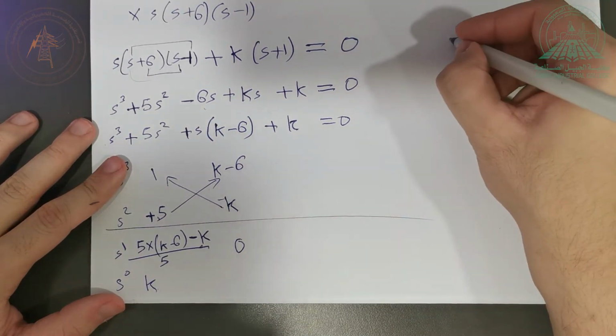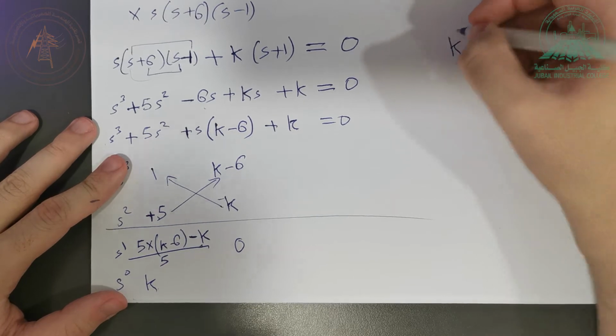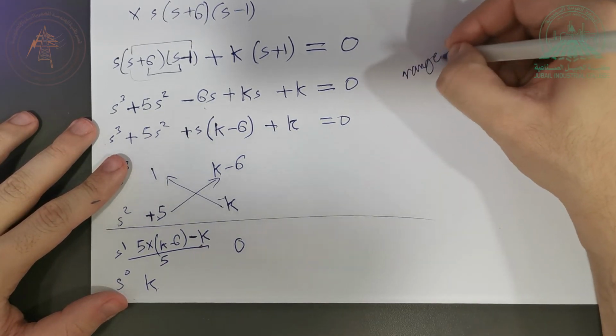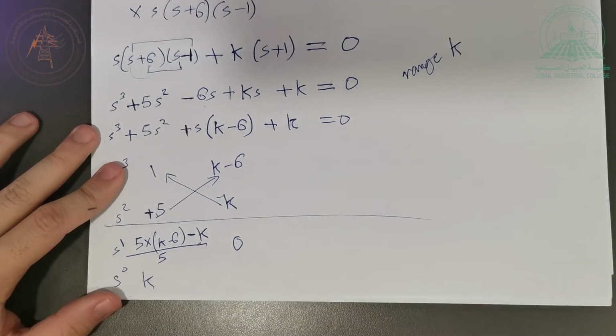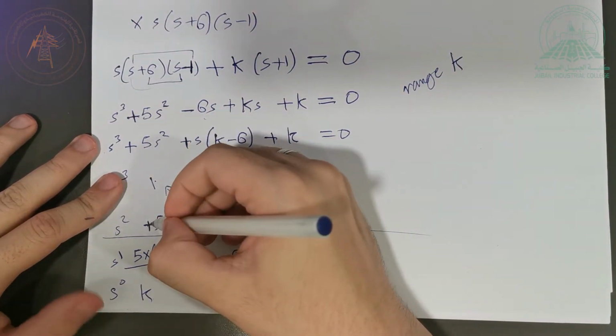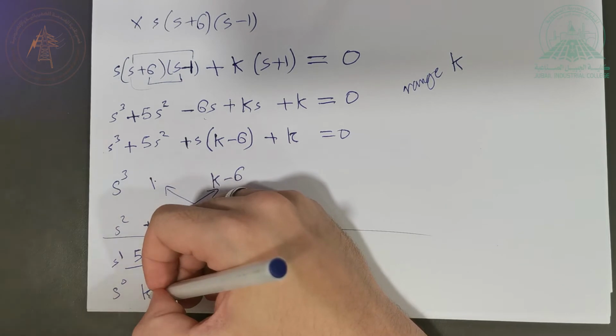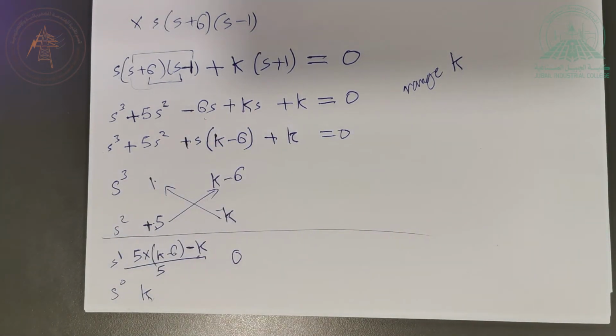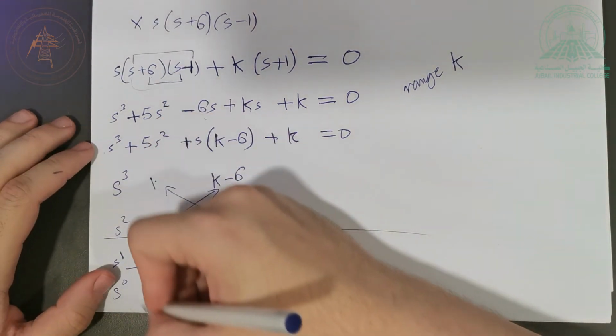Now remember, what's the question? The question is asking us about the range of k. What are the values of k that will make the system stable? Notice, this is positive, this is positive, k is unknown. Here I also have k. When is the system going to be stable? The system is going to be stable if all of these elements are positive.